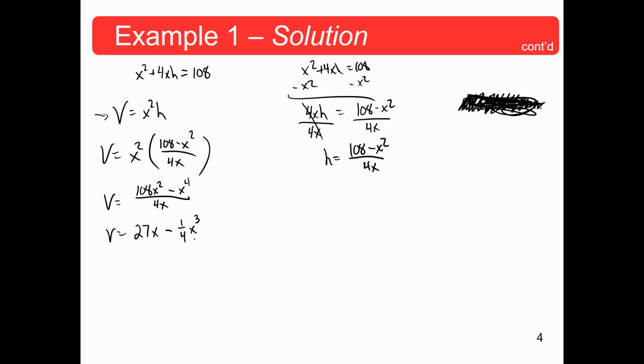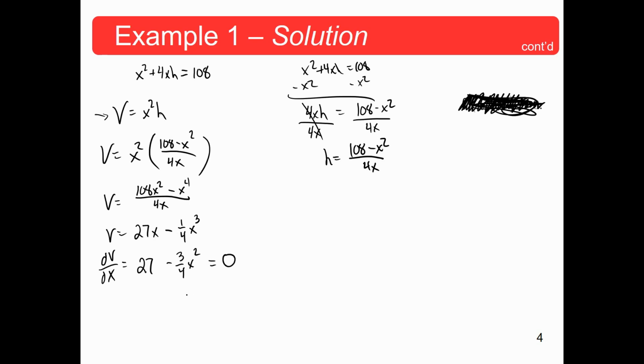So now I have my formula for volume. I'm going to find dV/dx, the derivative of V with respect to x. That gives me 27 minus 3/4 x squared: bring the 3 out, decrease the exponent by 1. Now, remember, the first derivative test to find a maximum or minimum is to take the derivative and set it equal to 0.